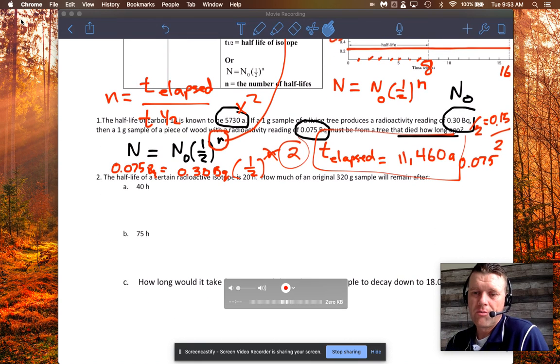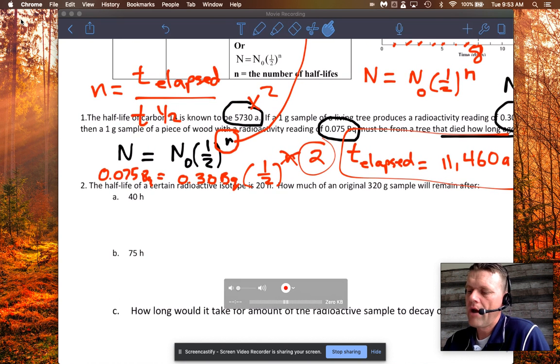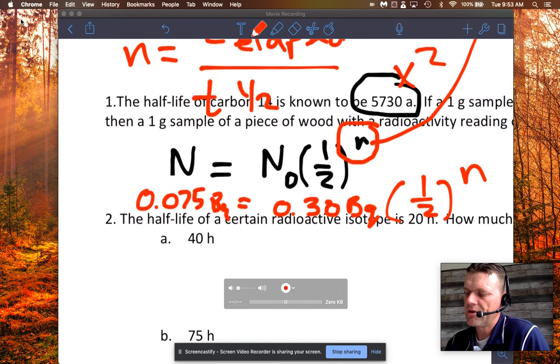Now, I'm just going to use the space below and then I'll get rid of it because I want you guys to do number 2. But I want to show you that you could solve this using logarithms. If we want to know how many half-lives were created, we're actually trying to solve for little n in this expression right here.